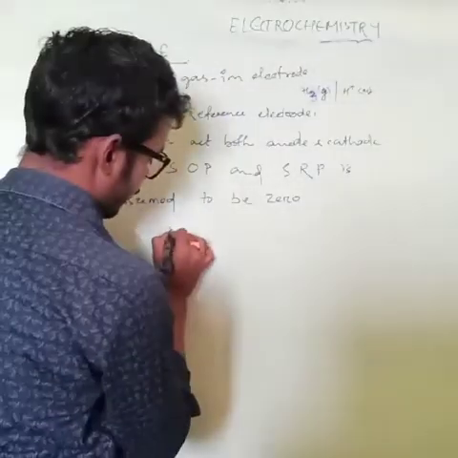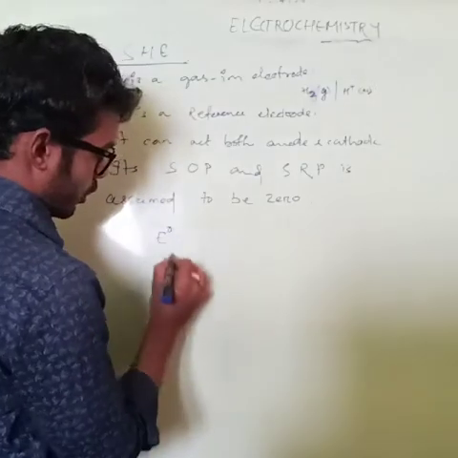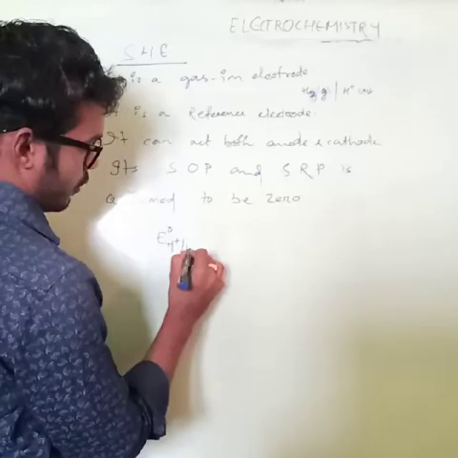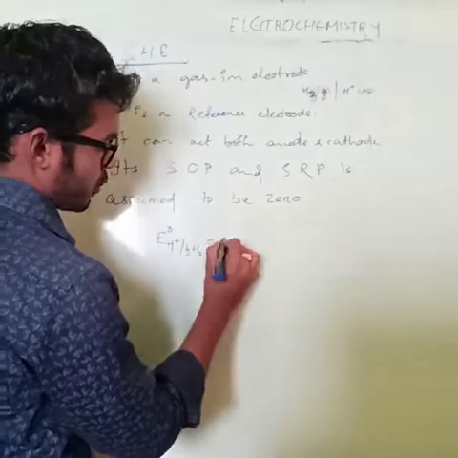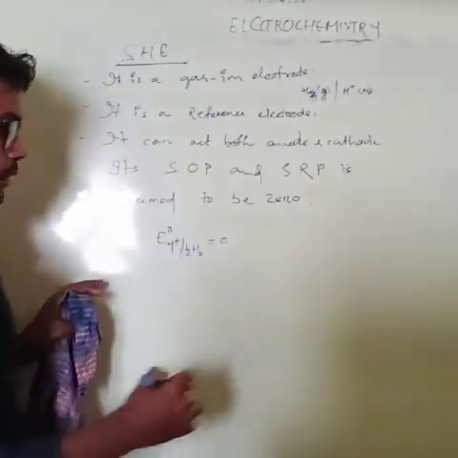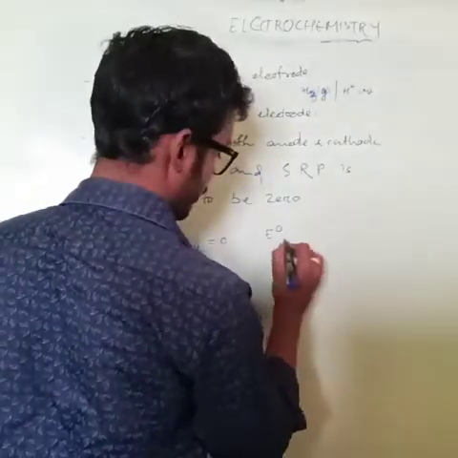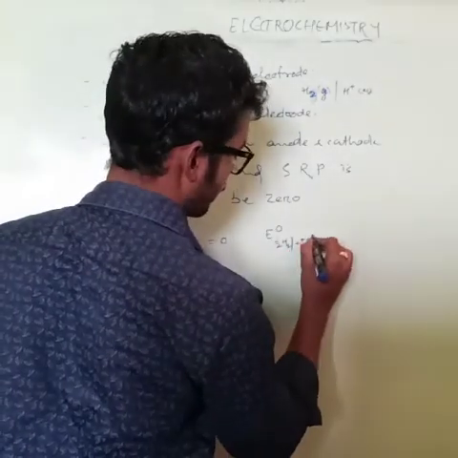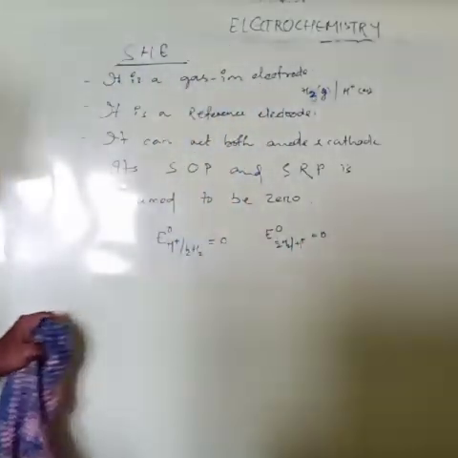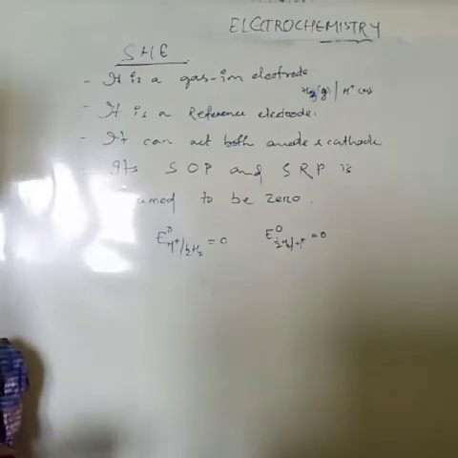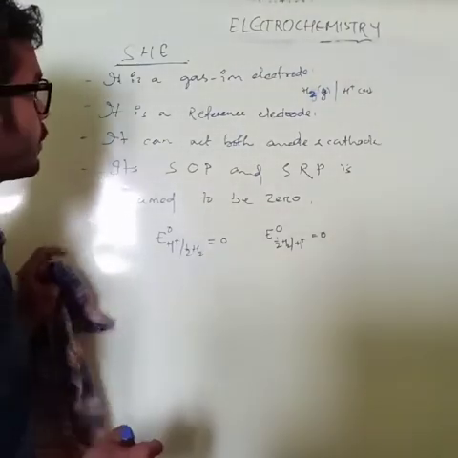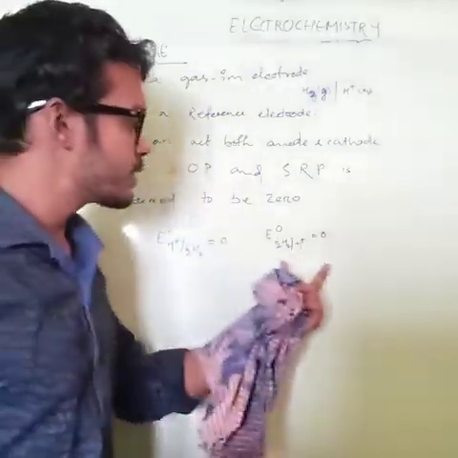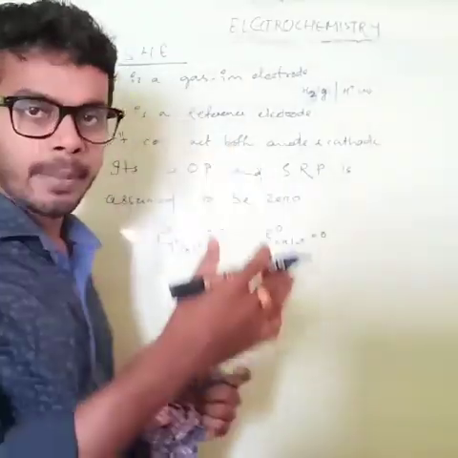That means for half H2, E naught oxidation and reduction potential is 0. Understood? This is what SHE is. By taking this, we can easily calculate the other half cell potentials.